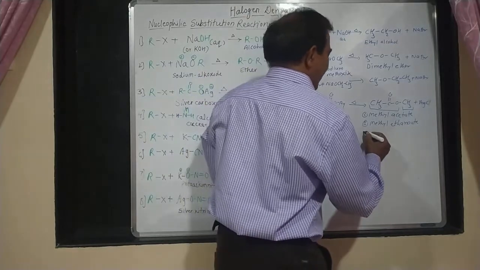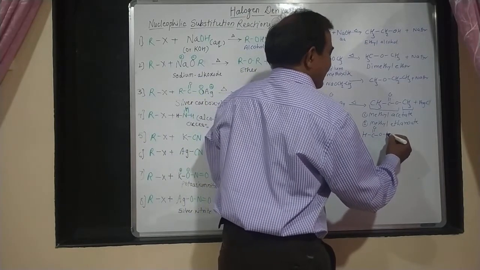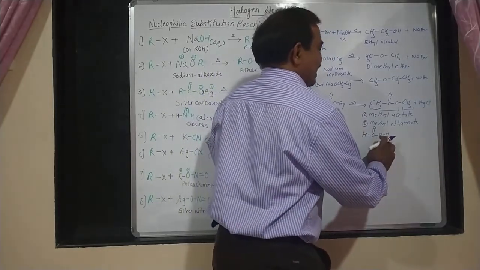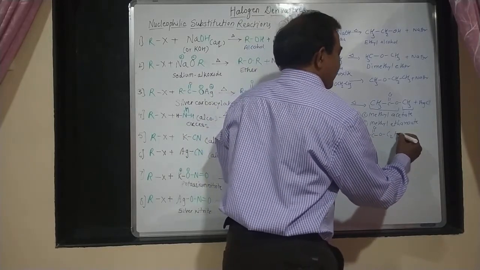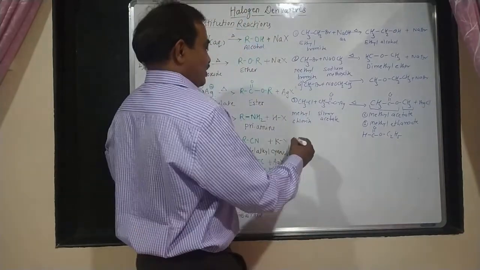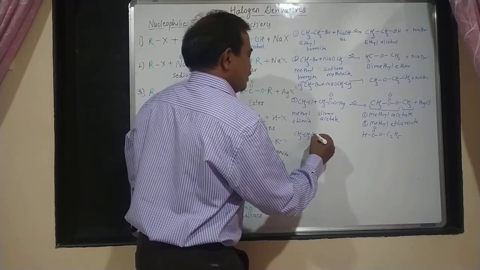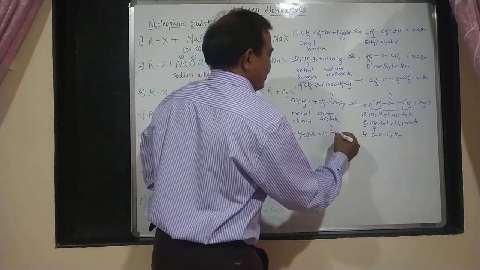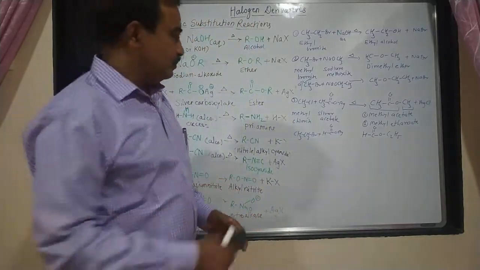I will draw the structure of formic acid, and the hydrogen atom attached to oxygen will be replaced by C2H5, giving ethyl formate. So your alkyl halide will be CH3CH2Br plus silver formate. Like this it can be taken.